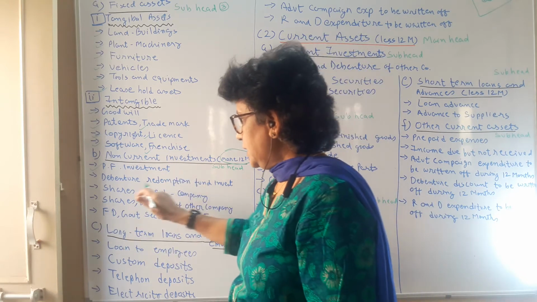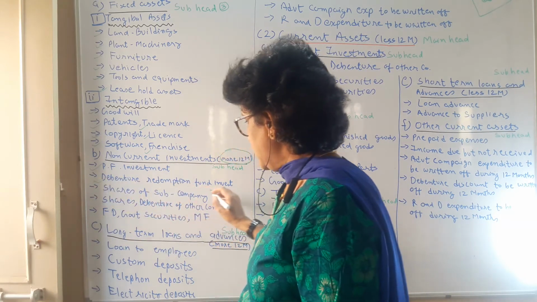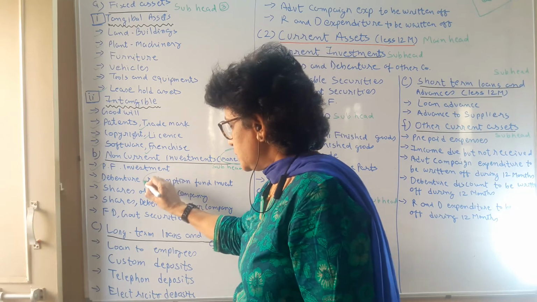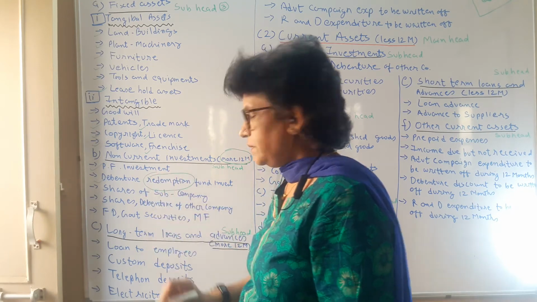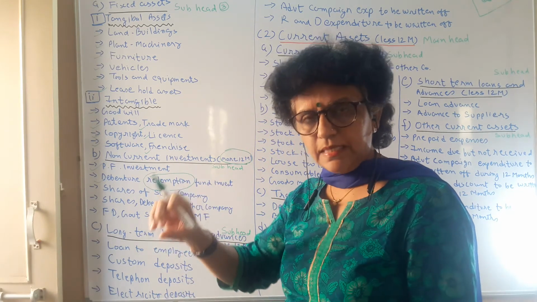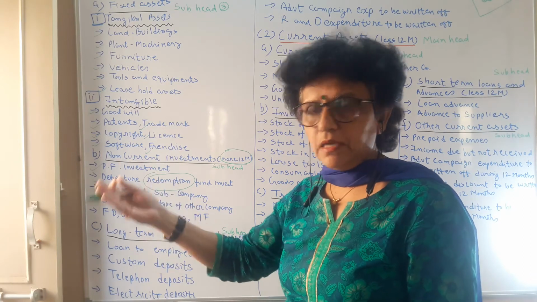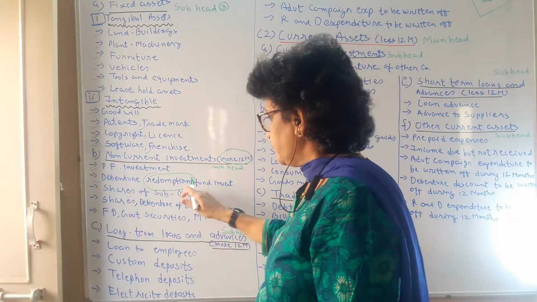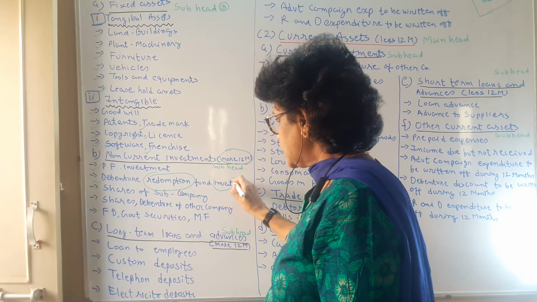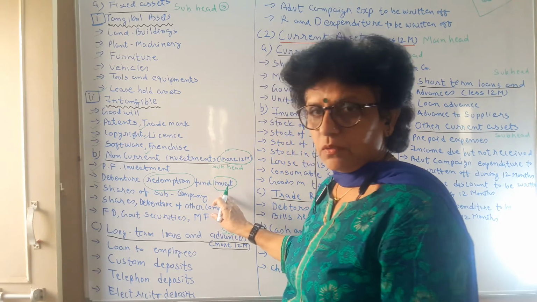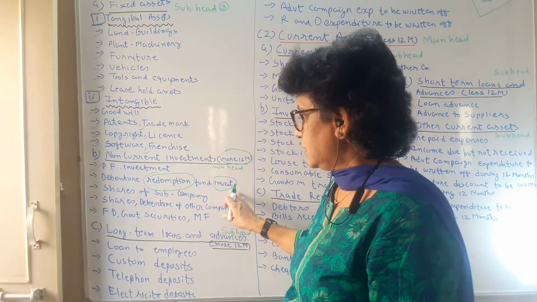Then debenture redemption fund investment. As you know, you have to redeem the debentures, so we keep aside a certain amount for the redemption, and that fund also has to be invested somewhere. Otherwise you are going to spend it elsewhere.